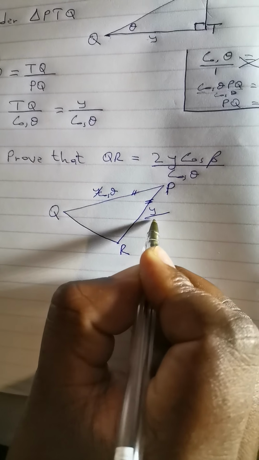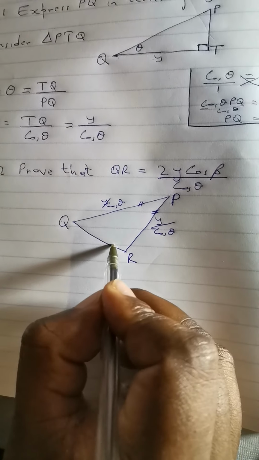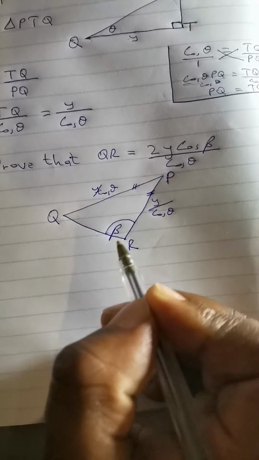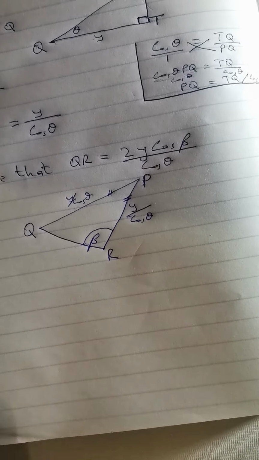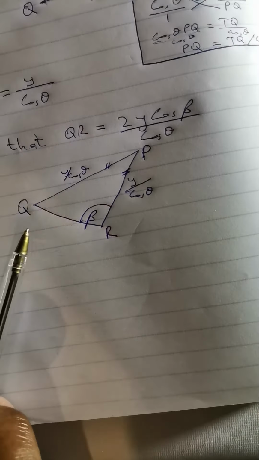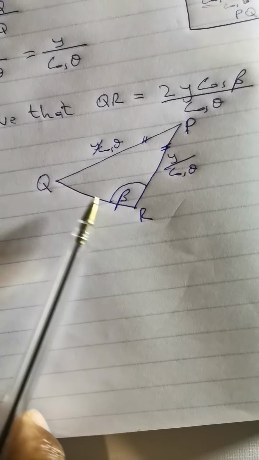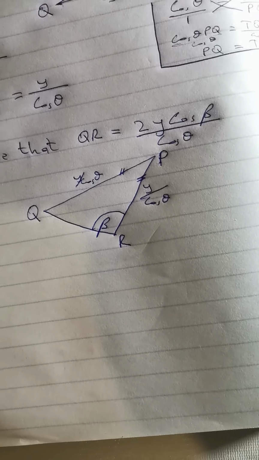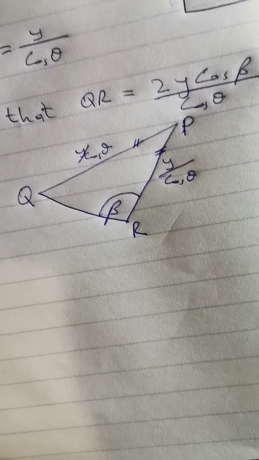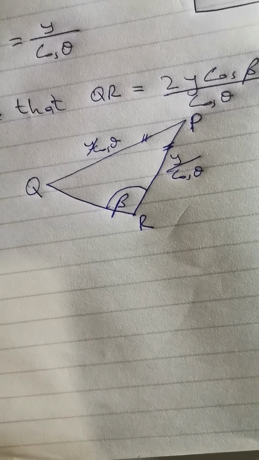PR, they told us that PR is also y over cos theta, and this angle here, angle PRQ, is given to be beta. So now what are we looking for? We are looking for line QR, right? So we need to determine which technique, which rule, to use in order to find line QR.